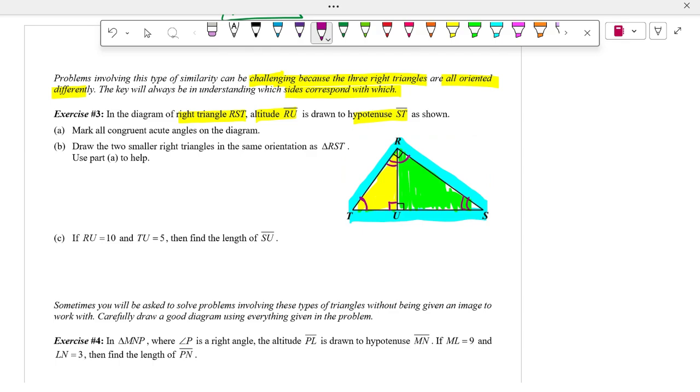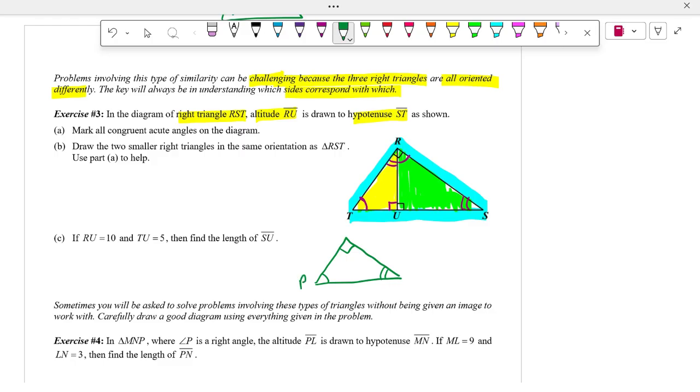Now we're going to redraw the two orientations of these triangles. I'm going to leave the blue one alone, but you need to recognize that we're talking about the bigger one. I'll draw the smaller two. I've got my green, right angle, 1, 2 ticks.